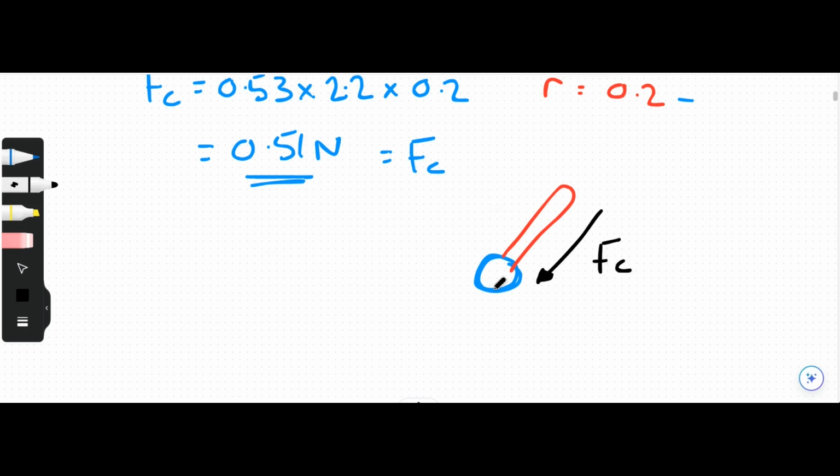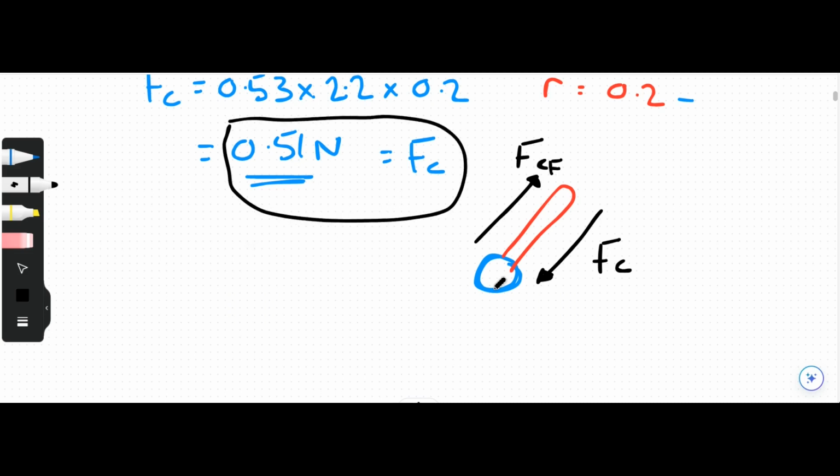You might know centrifugal because you feel centrifugal when you go around a bend. Centrifugal force is equal and opposite to centripetal, and that goes that way. Centripetal, centrifugal. But all we had to work out was centripetal, which is 0.51 newtons.